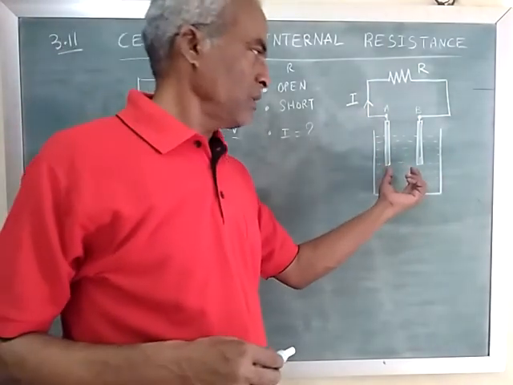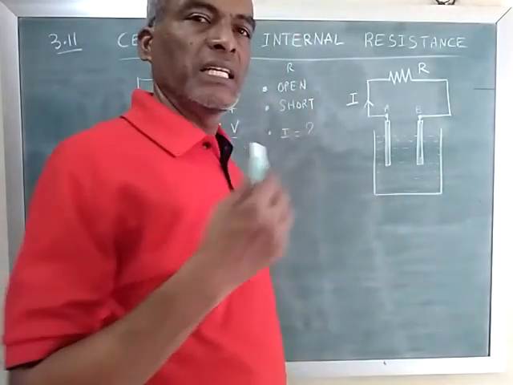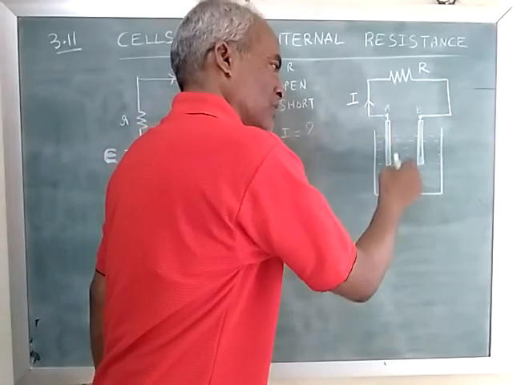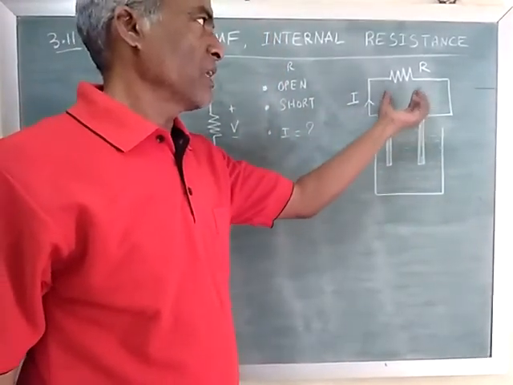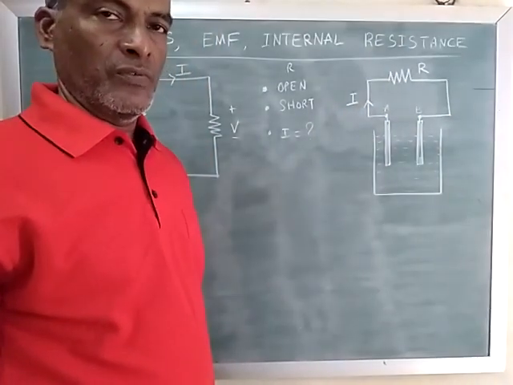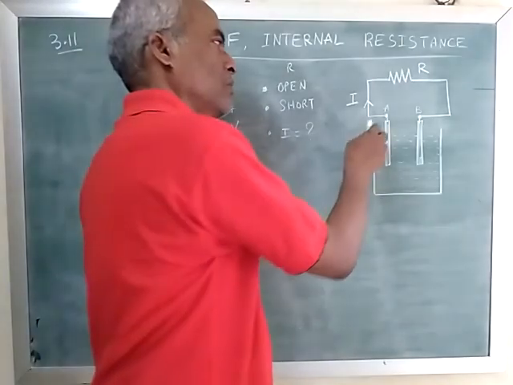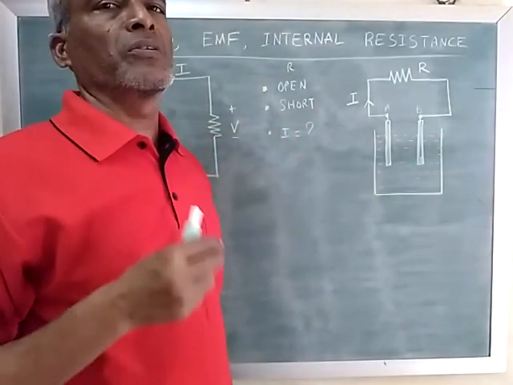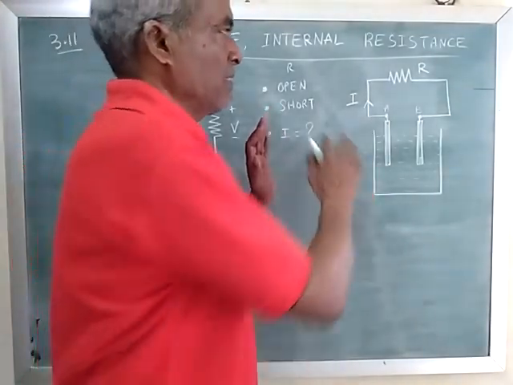So whatever voltage developed between these 2 points is eaten away by these 2 electrodes and the electrolyte. Remaining voltage only will come to the resistance. That too, for accurate calculation we have to take into account the wire resistance also, because this wire also is going to take some voltage. So this is the idea.